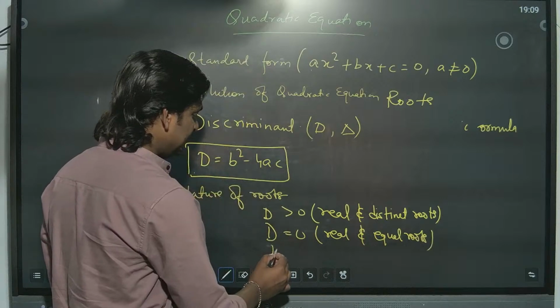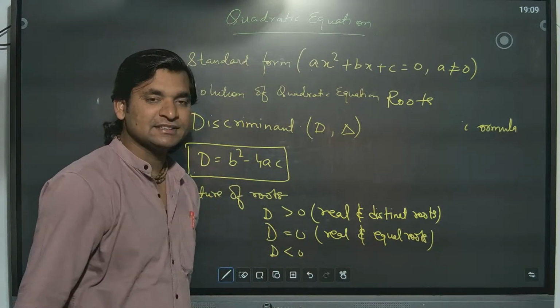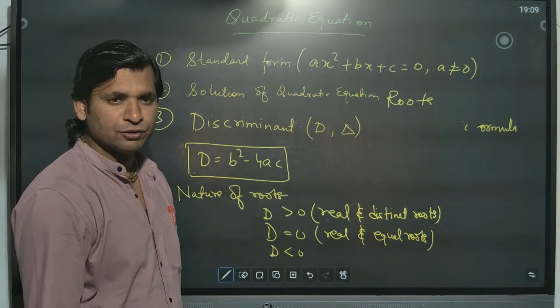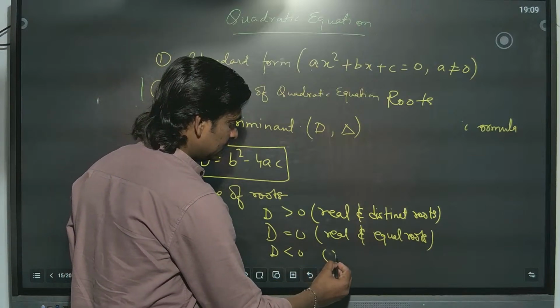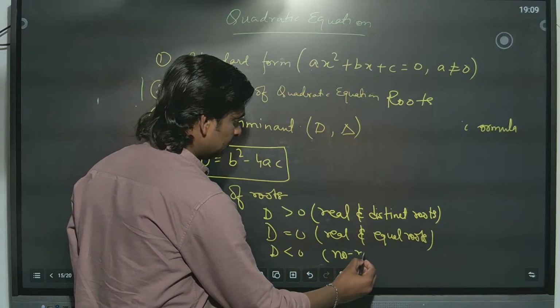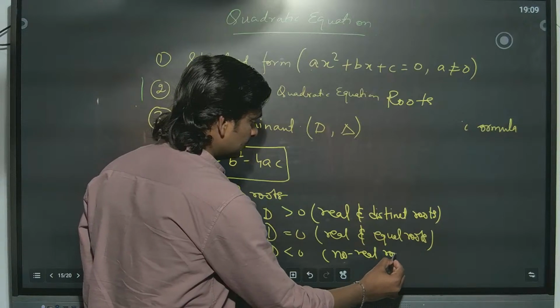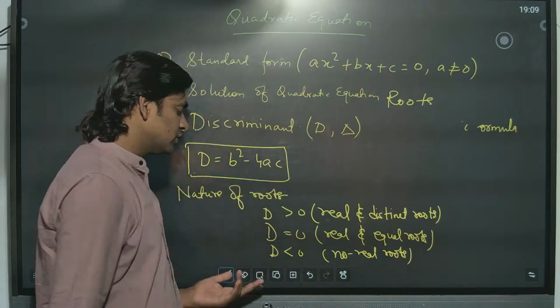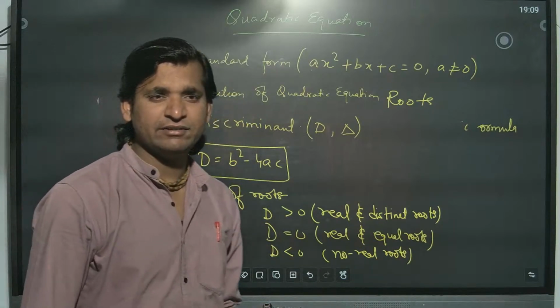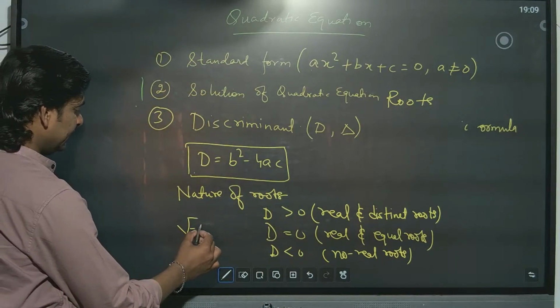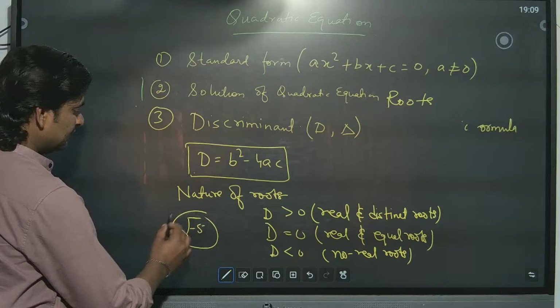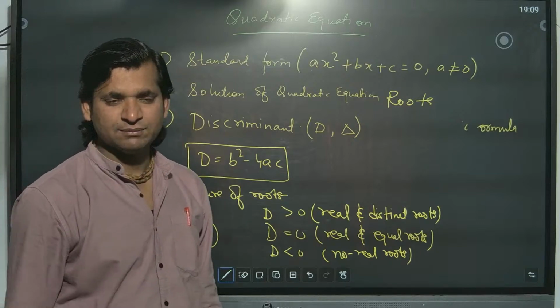If you get D less than 0, means it is negative, then no real roots you will get. So no roots only. If D comes negative, why? Because square root of any negative number is not a real number, it is an imaginary number.